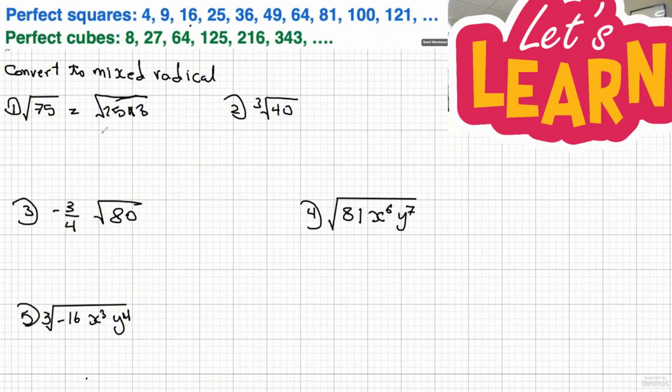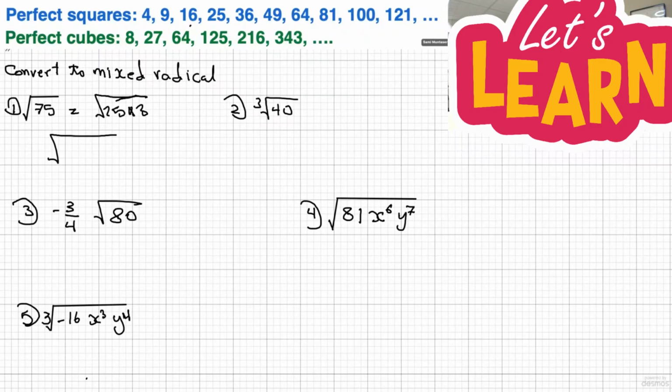We can't say, for instance, I could change this to 15 times 5. Yes, 15 times 5 is 75, but this is not a perfect square, so that's not going to help you. You have to look for a number from the perfect squares that goes into 75, and that's the only way you could change this into a mixed radical.